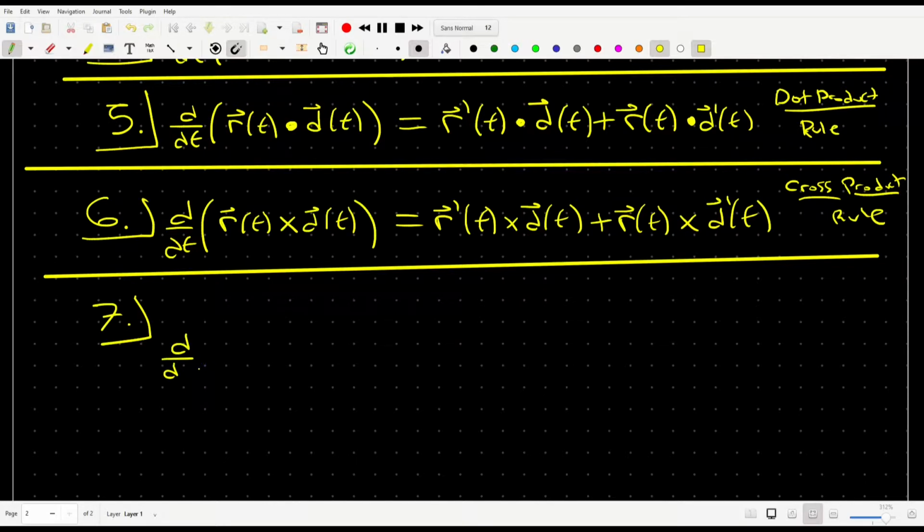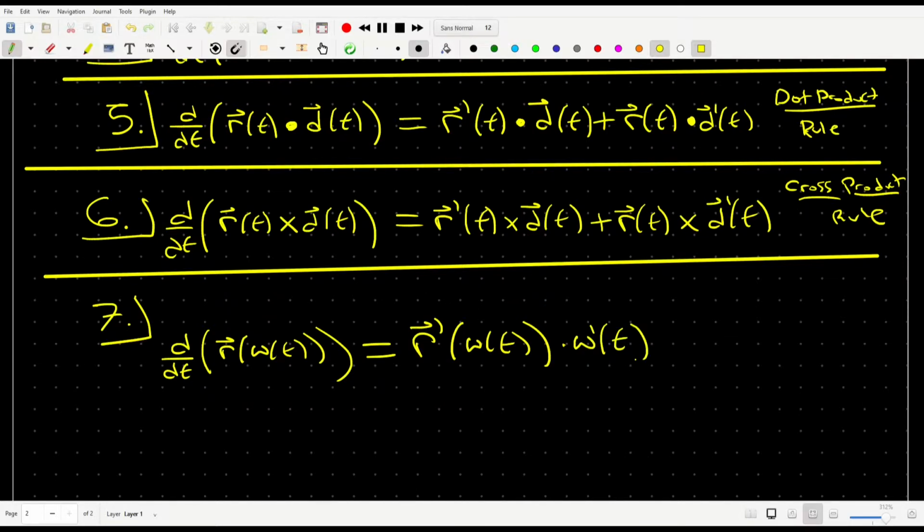If you're taking the t derivative of r of w of t, so r is a parametric curve that depends on some w, which then in turn depends on some t, this is the same thing as r prime of w of t, so the derivative of the parametric curve with respect to w, times w prime of t.